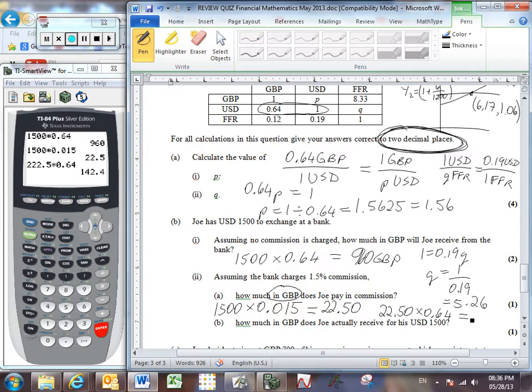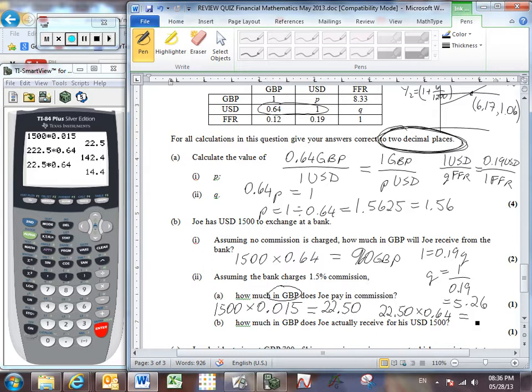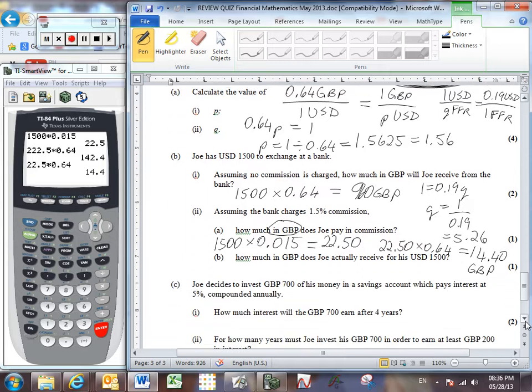Yes, I can see my mistake. I should have put 22.5 multiplying 0.64. And there we go, 14.40 British pounds is the value that he would have paid in commission, equivalent to that $22.50 he paid in commission.